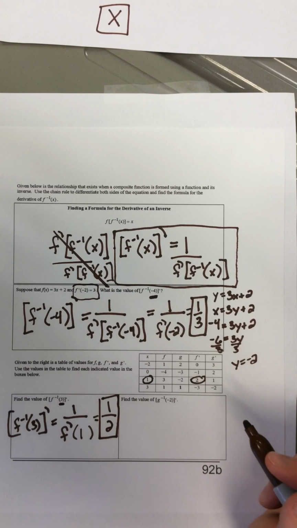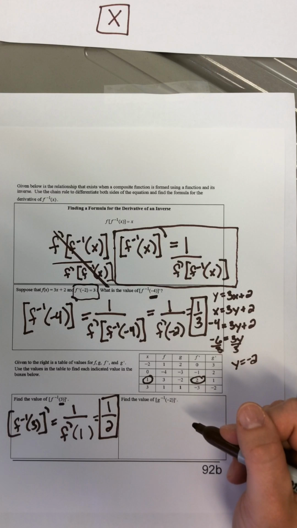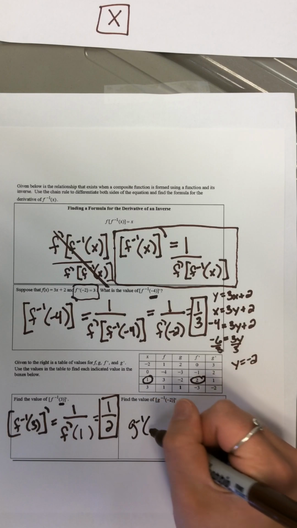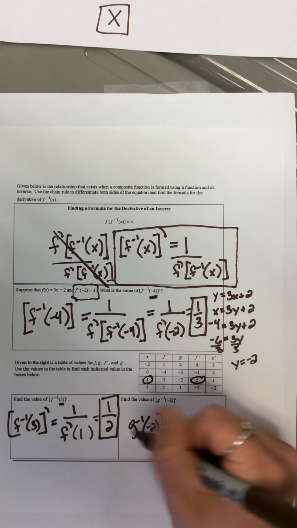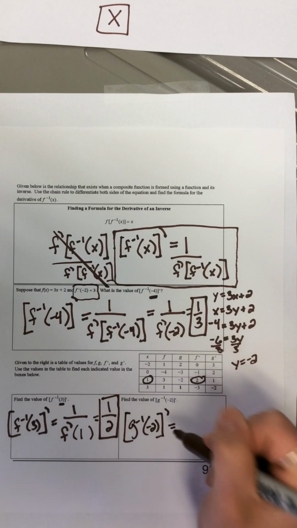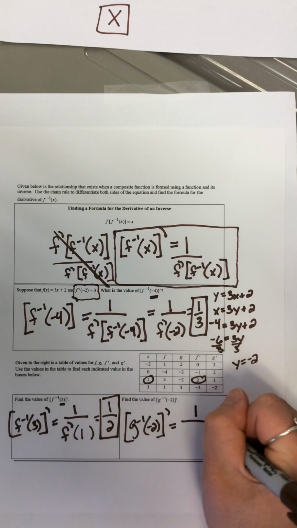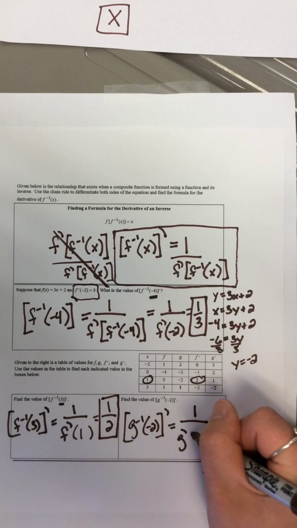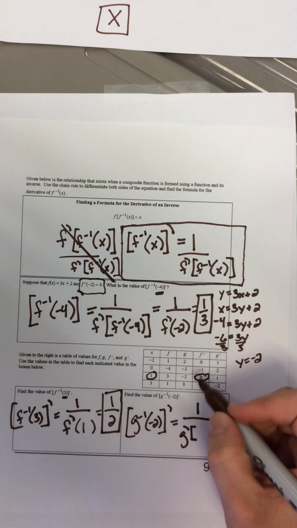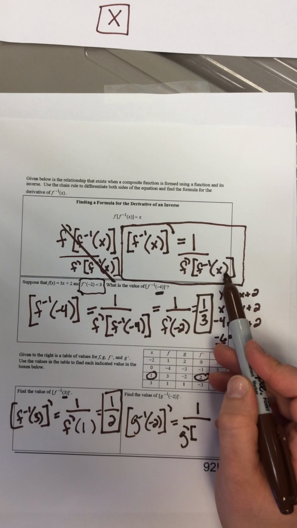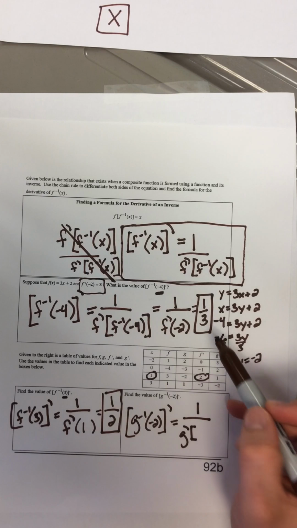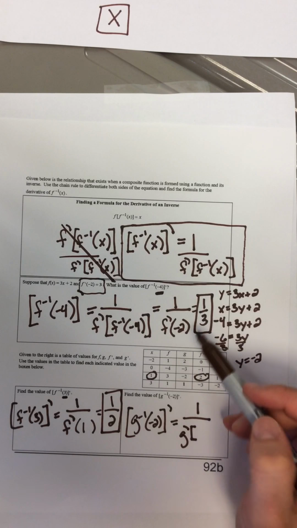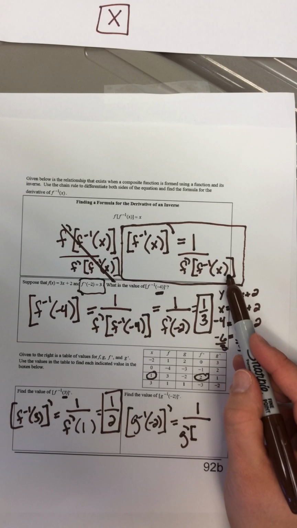In the next one, we've got g inverse of negative 2. So I'm going to say, okay, well, g inverse of negative 2, but I want to find the derivative. So I've got 1 over, I'm using the same formula as before, g prime. This time it's going to be g inverse of negative 2.